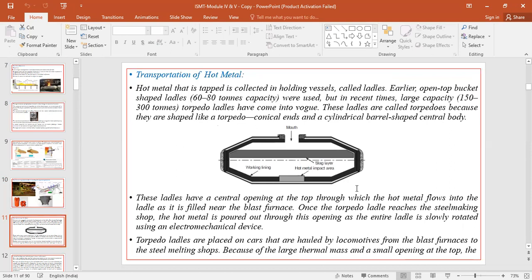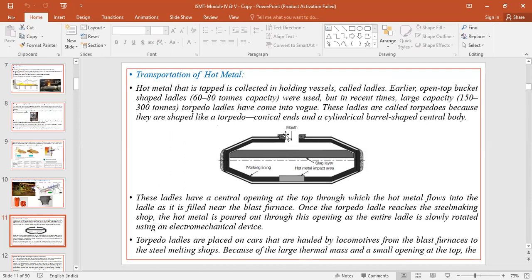They have a central opening at the top through which the hot metal flows into the ladle. It is filled near the blast furnace, and once the torpedo ladle reaches the steel melting shop, the hot metal is poured out through this opening as the entire ladle is slowly rotated using an electromagnetic device.